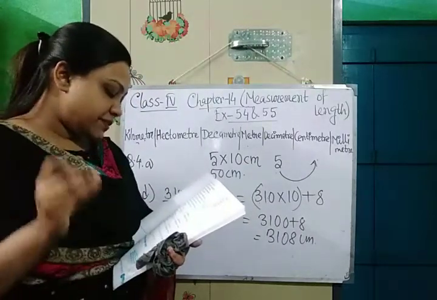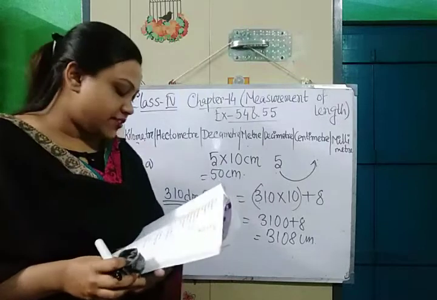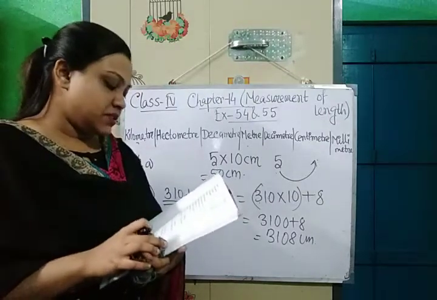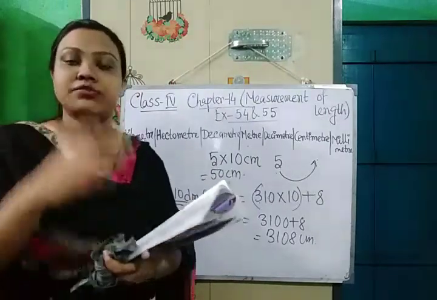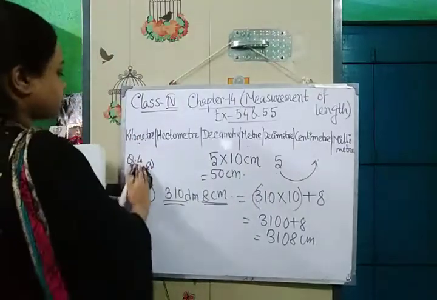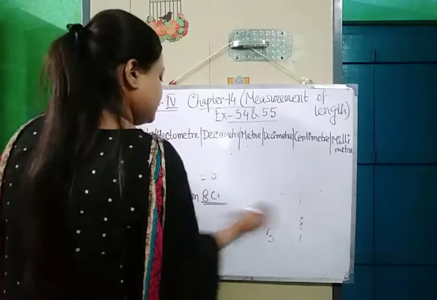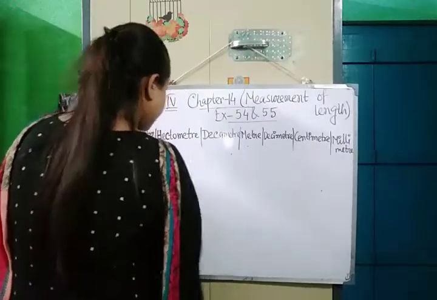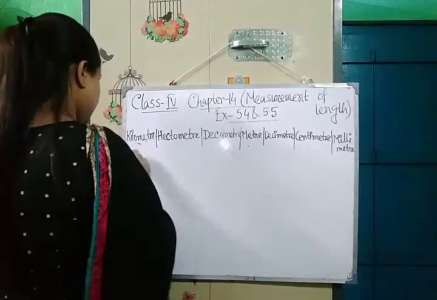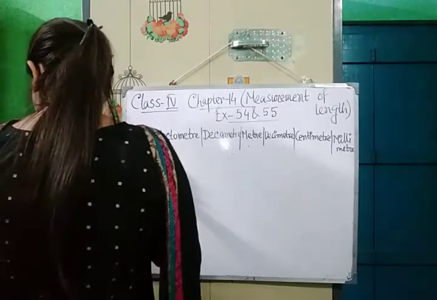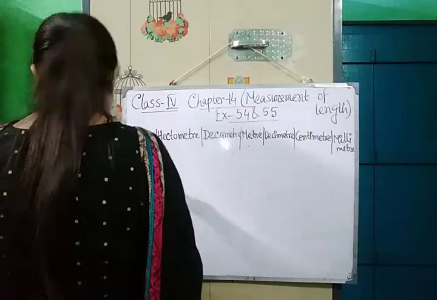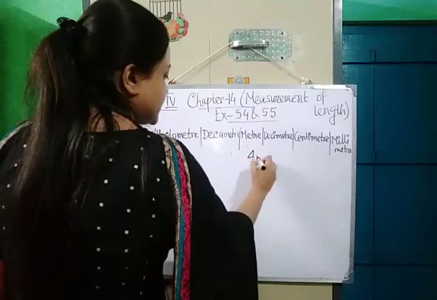Now next question number 5. Question number 5 is convert into decimeters. Meters are given, we have to convert them to decimeter. Question number 5 is 4 meter. 4 meter is given.